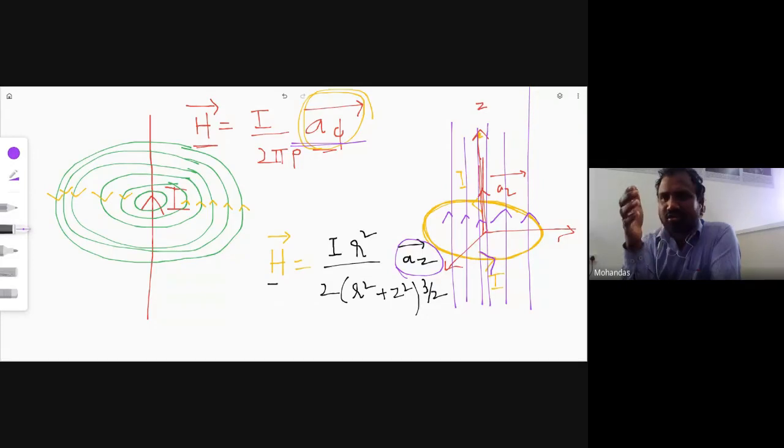If you take a circular type of conductor, the four fingers point in the direction of the current, not in the direction of the magnetic flux. The thumb shows the direction of whom? Magnetic flux lines.